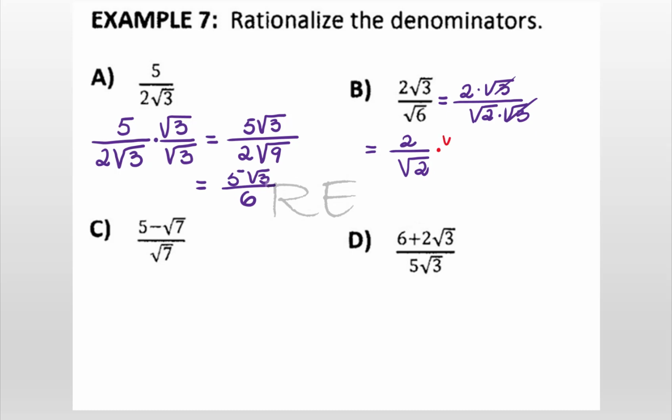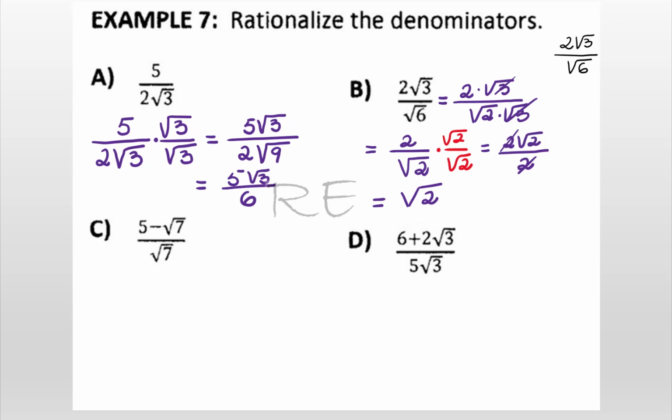Now let's rationalize. We multiply by square root of 2 over square root of 2. The numerator becomes 2 square root of 2. And then the denominator becomes square root of 4, which is 2. 2 cancel, and our final answer is square root of 2.